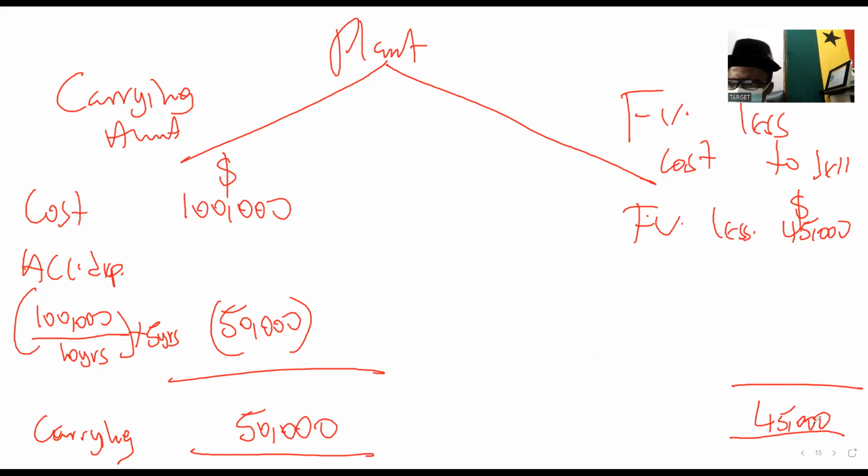So this is what I was explaining to you, that at the very first day you classify the assets, all you have to do is compare the carrying amount against the fair value less cost to sell. There is a condition here.